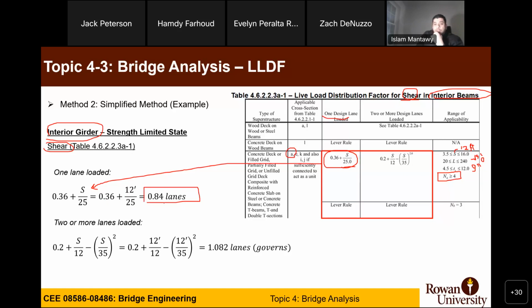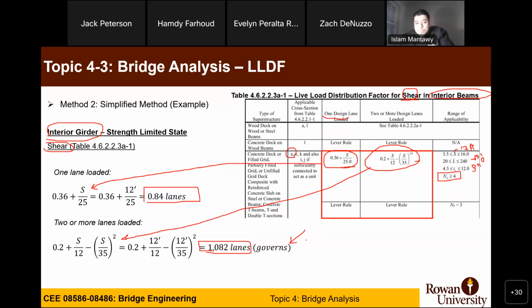For 2 or more lanes, we use the other equation, which is only a function of the spacing, 12. That gives you 1.82, and that one is larger, so that's the one that governs. So we did the interior, moment and shear, correct?